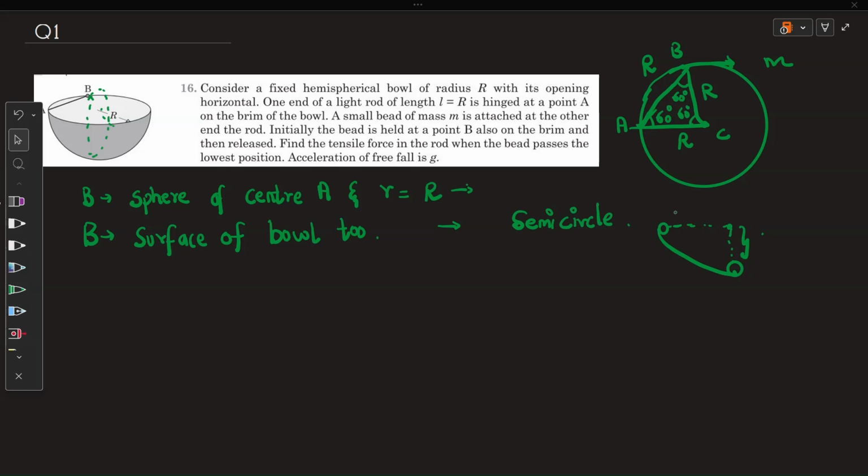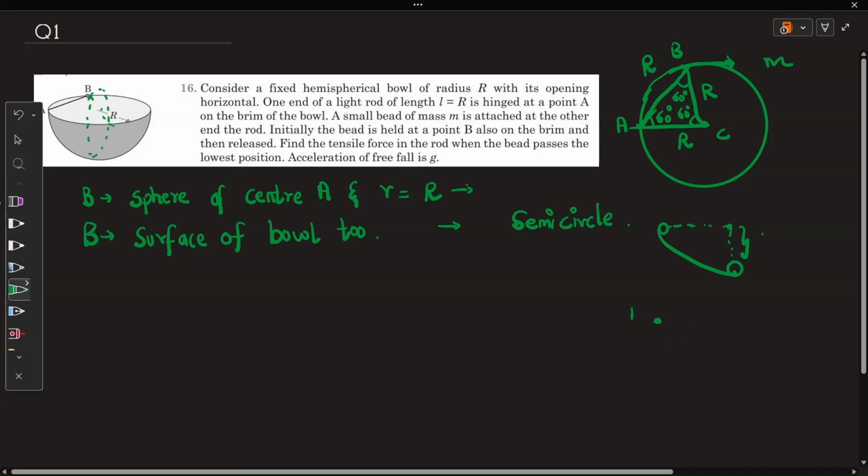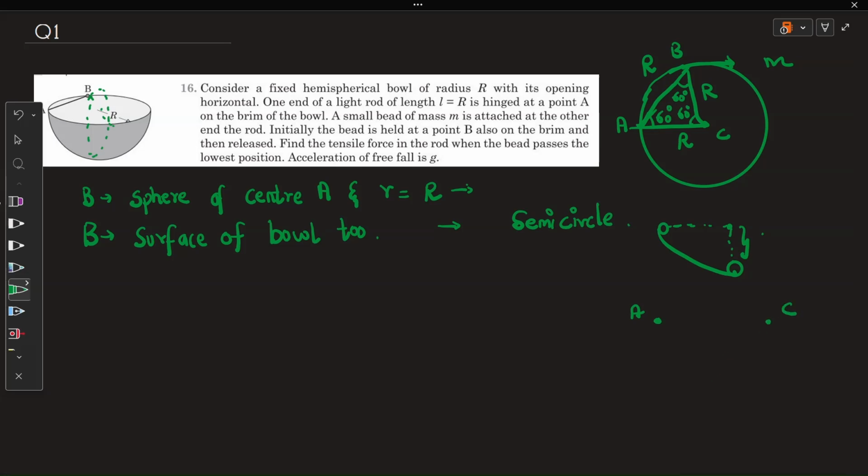Now at the lowermost point, I'm viewing from the side, this is point A, and this is the center C. At the lowermost point the bead will be right here.